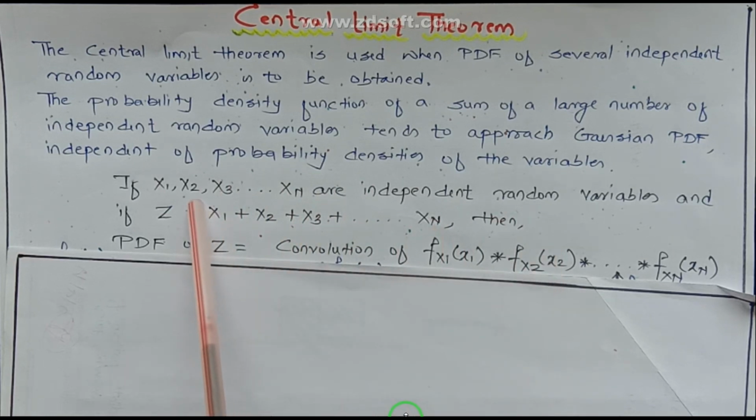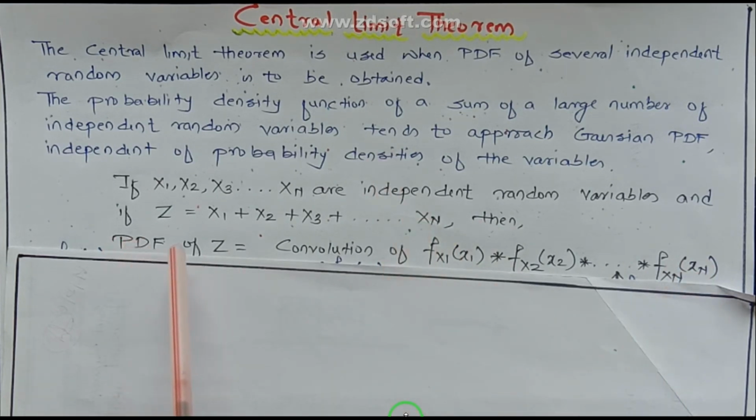The probability density function of z, that is fz of z, is the convolution of the PDF of x1 with the PDF of x2, convolved with the PDF of x3 and up to the PDF of xn. So the resultant PDF of z is the convolution of fx1, fx2, fx3 up to fxn, depending on how many variables there are.